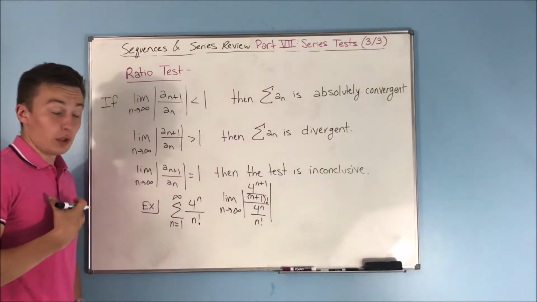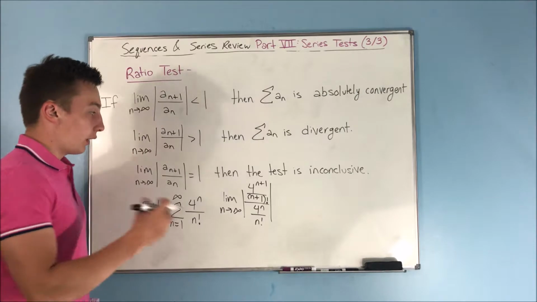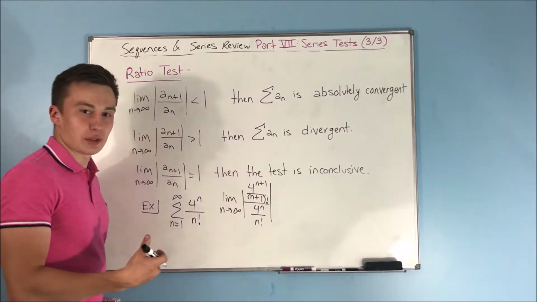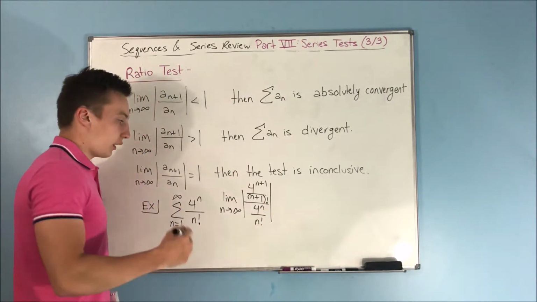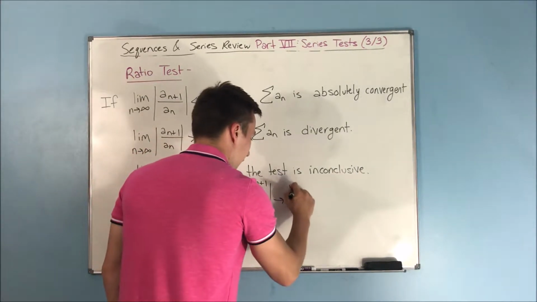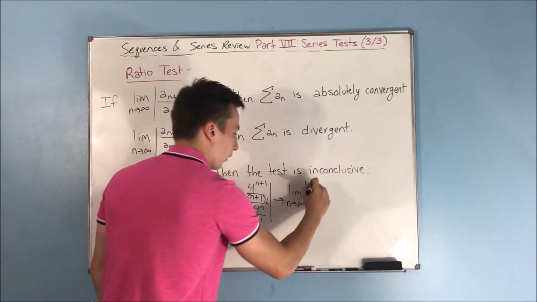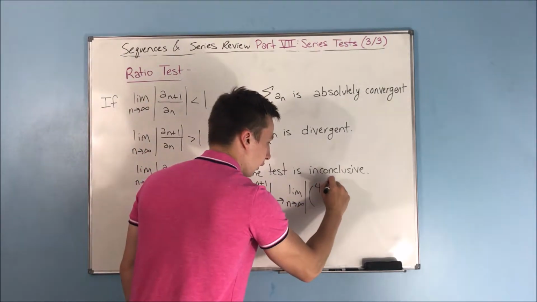What I like to do when we do ratio test problems is group the like terms. This 4 to the n plus 1, I'm grouping with 4 to the n, and you can see me do that here. I take the limit as n approaches infinity of the absolute value of 4 to the n plus 1 over 4 to the n.